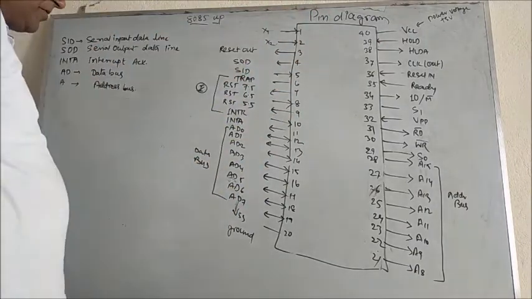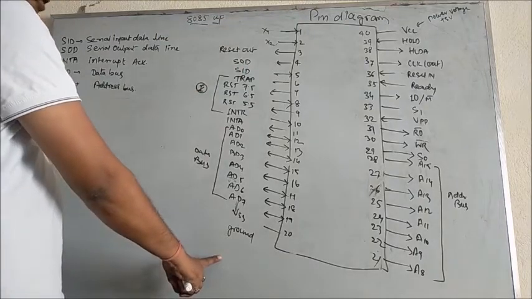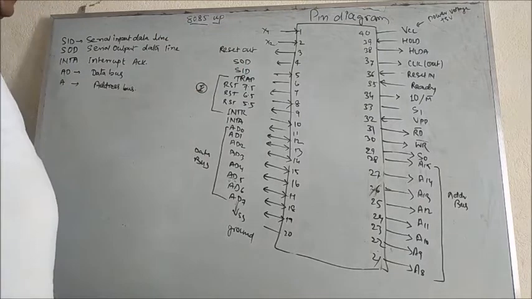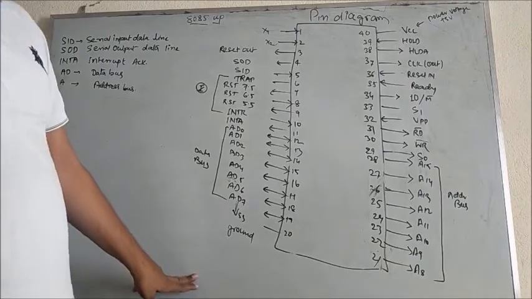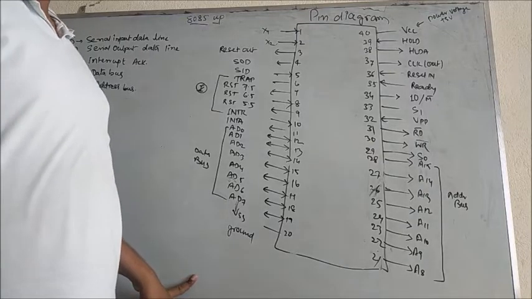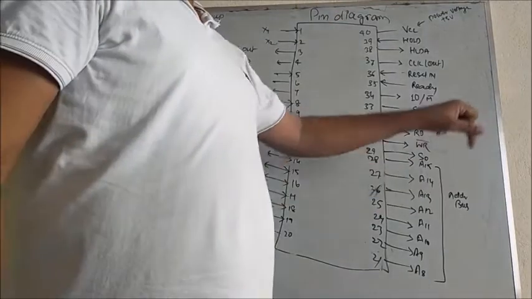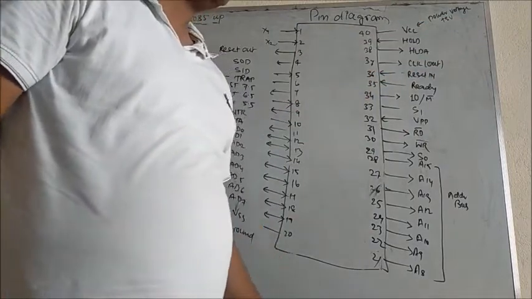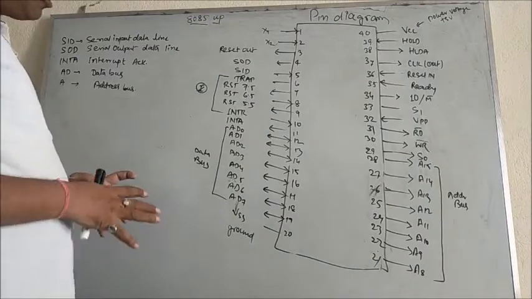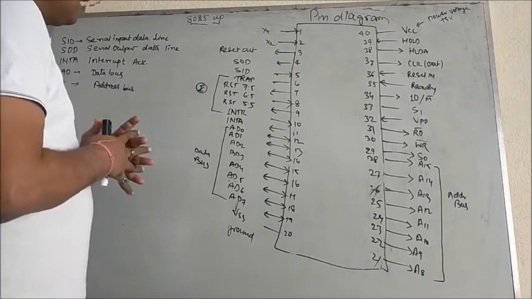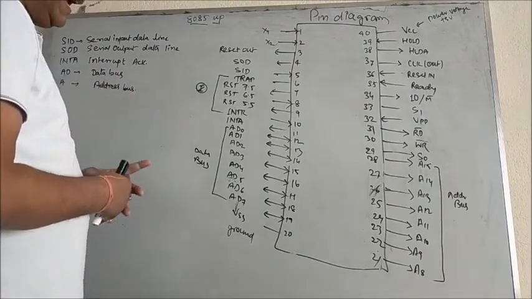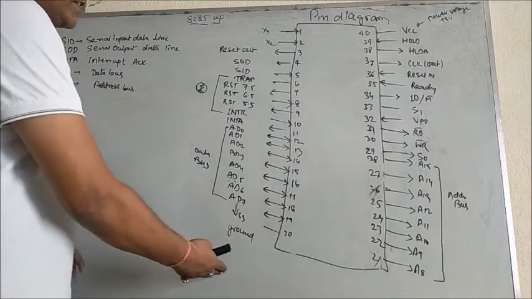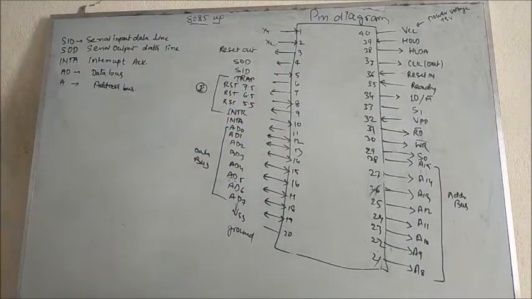VSS means it is the ground voltage, approximated as 0 volt. On the other hand, VCC is again power supply, and it is plus 5 volt. That means the overall functionality of the 8085 microprocessor is in between VSS and VCC, right?